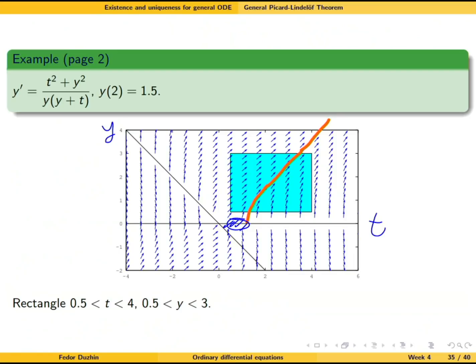So between 0.5 and whatever this is, and this is about, I guess, probably 1.2 or something. So the solution is not defined when t is between 0.5 and 1.2.